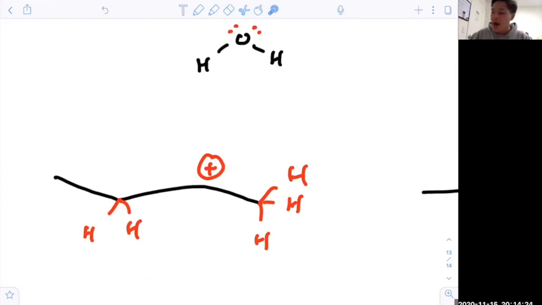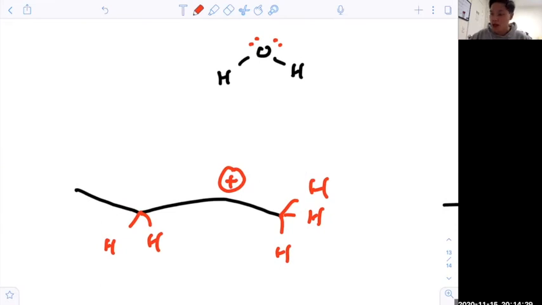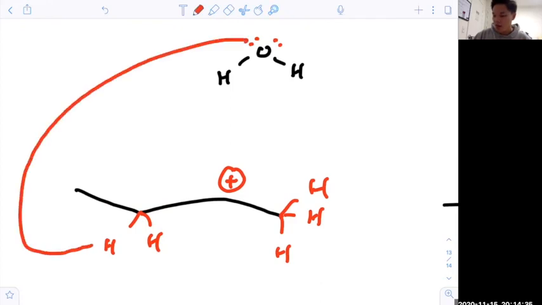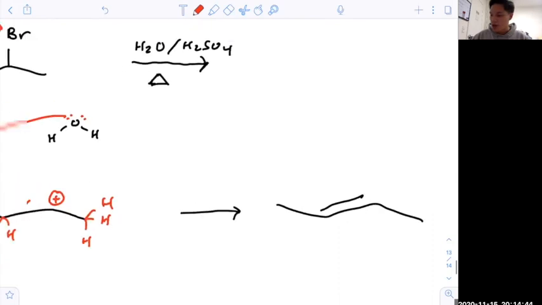And if that happens, we form two separate products. So let's see what happens if the water takes the proton from this side, okay? So the water is gonna take the proton here, and then this bond will go to the carbocation. If it goes to the carbocation, it forms this, right?